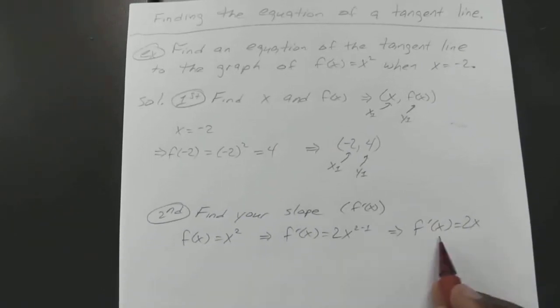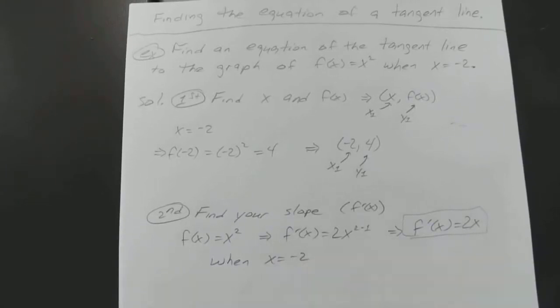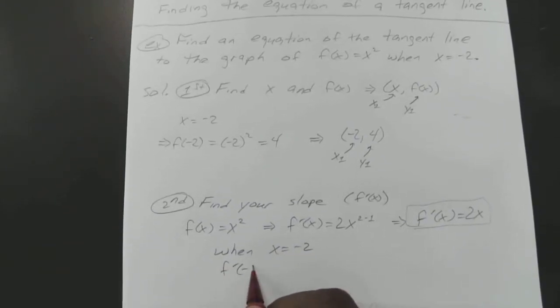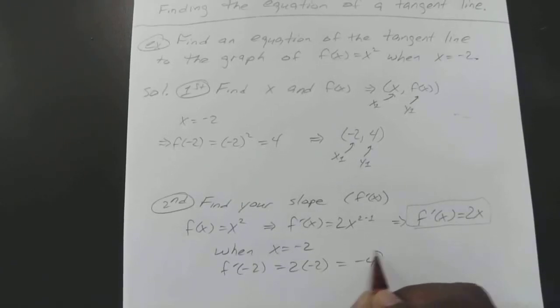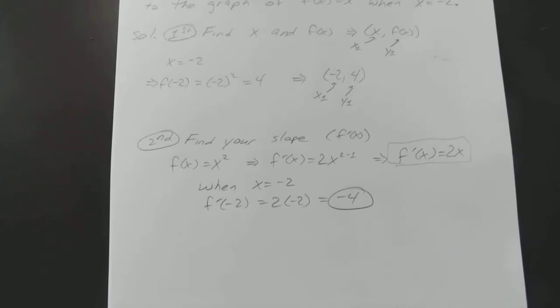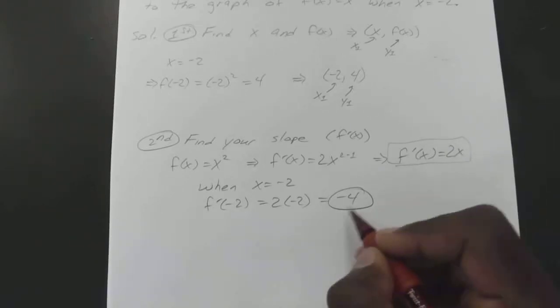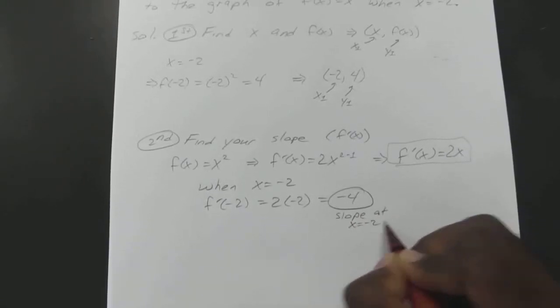Okay. So if we know f prime of x is 2x, when x equals -2, f prime of -2 is equal to 2 times -2, which is just -4. Bring that up some. Okay. So everything we're doing involves just being at x equals -2. So this is our slope at x equals -2.